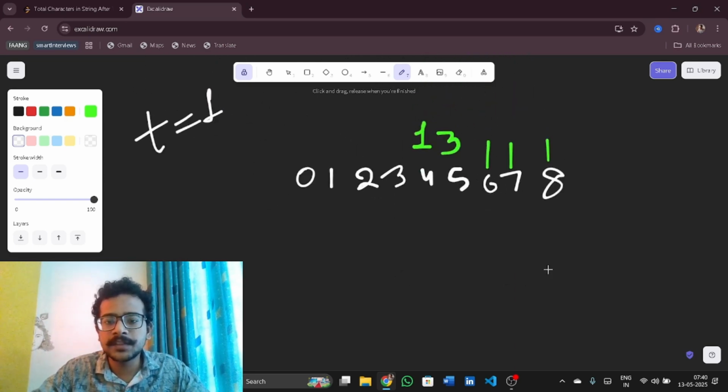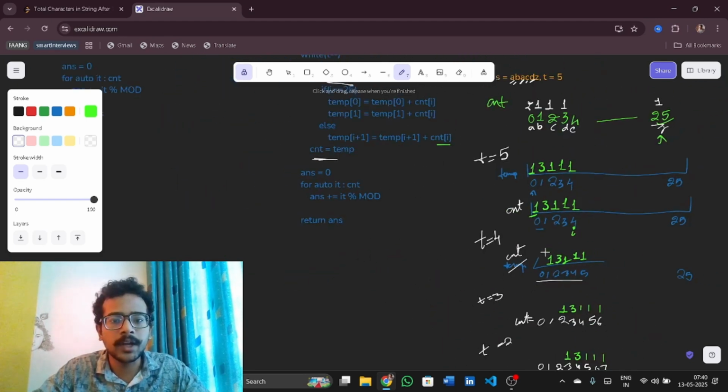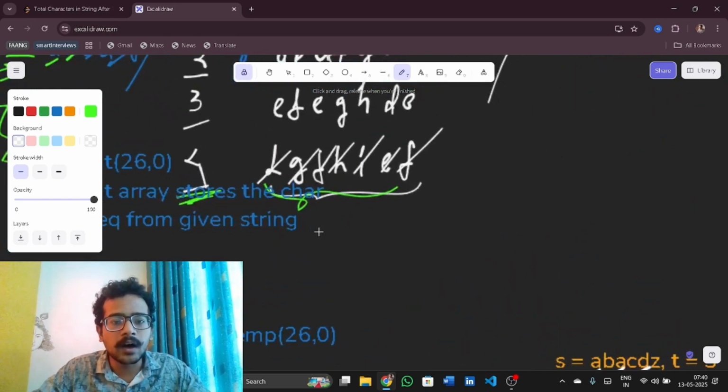Now let us see, this is the last string. When I get t is equal to 0, I'll be stopping there itself. Now a b c d e f g h i. I'm saying that f will be for 3 times, e g h i for 1 time. That's what the count means. Now let us see.